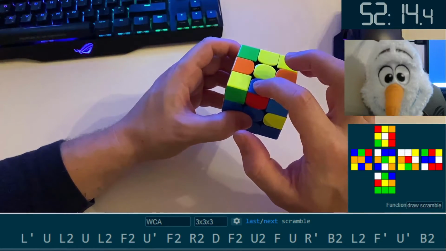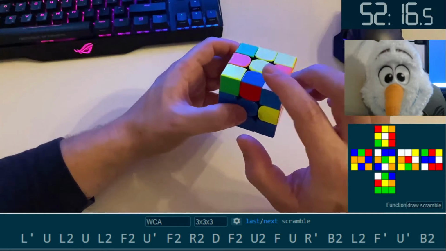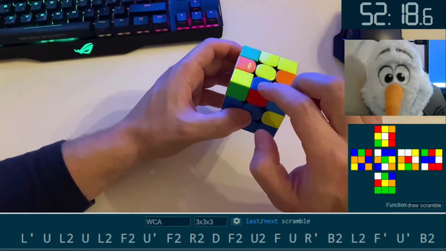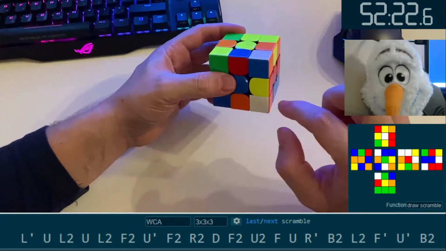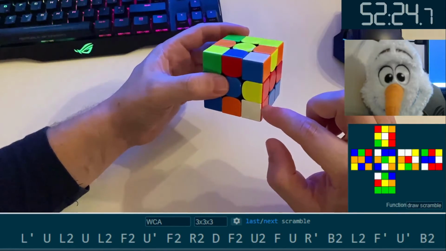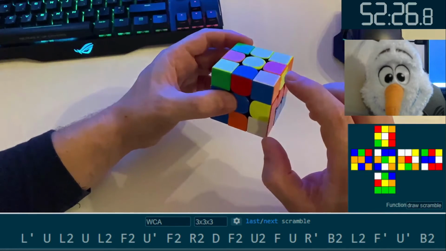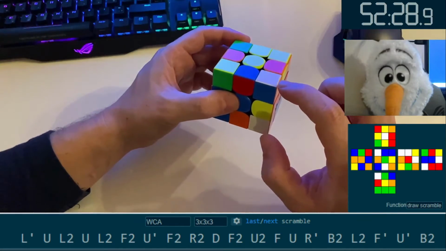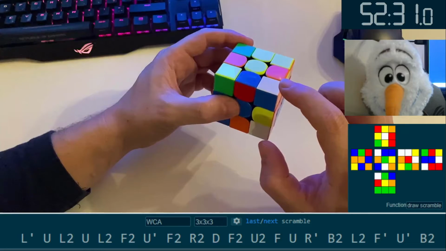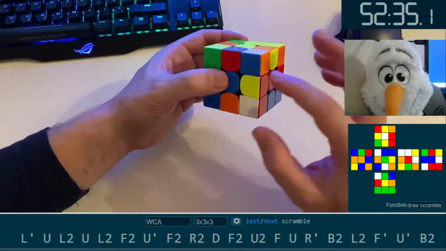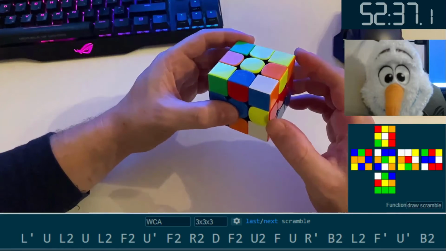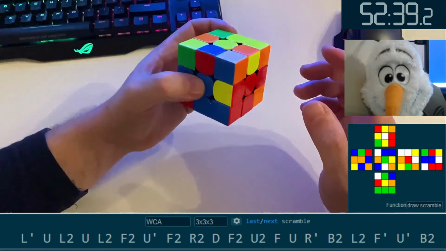The top is matching the front, so we can consider these two as a pair if we move the bottom like this, I think, yeah. And then we just need to solve these two, I think, from this angle.